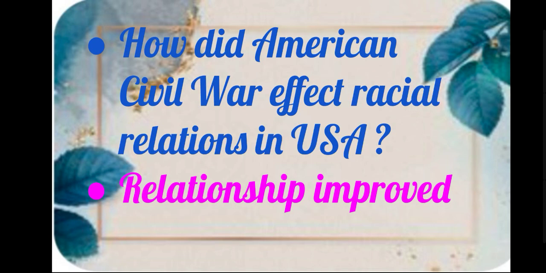Now, how did the American Civil War affect racial relations in USA? Initially, in their efforts to make up for past ills, the Republican governments favored the African American population by giving them their political and civil rights and providing them with various opportunities to work as part of the government and local leaders.